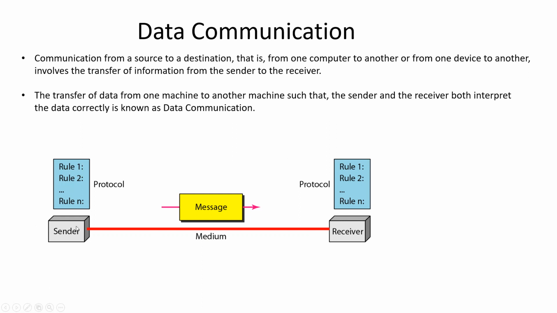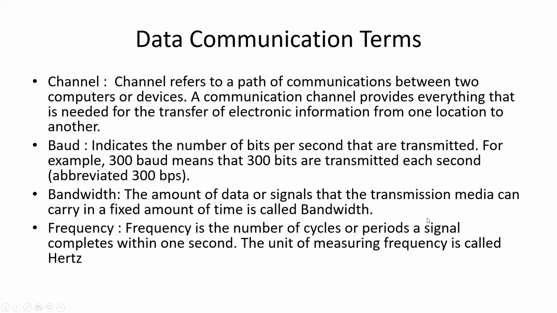If you are transferring A from this side and he is receiving X, then this is not the correct way. So the data should be interpreted properly and correctly. Then that data communication is meaningful. So this is the simple definition of data communication.